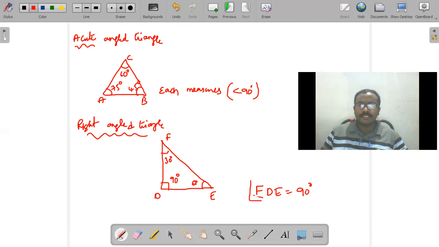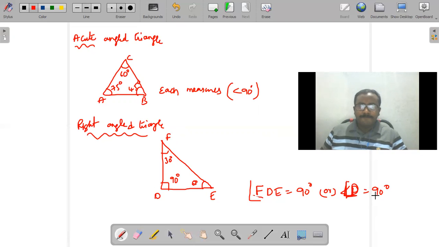Generally, we use a symbol like this. Angle FDE is equal to 90 degrees, or we can mention angle D is equal to 90 degrees. So DF is perpendicular to DE. We can also consider perpendicular as nothing but 90 degrees. So angle D, we can also give the notation like this: angle D equals 90 degrees.